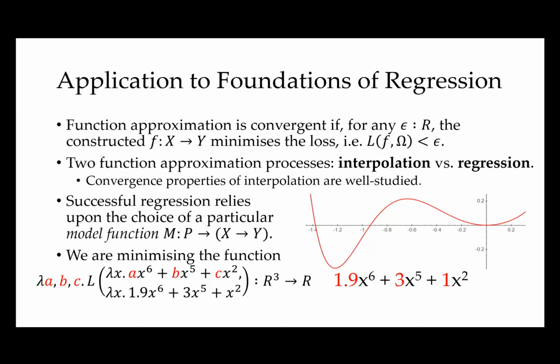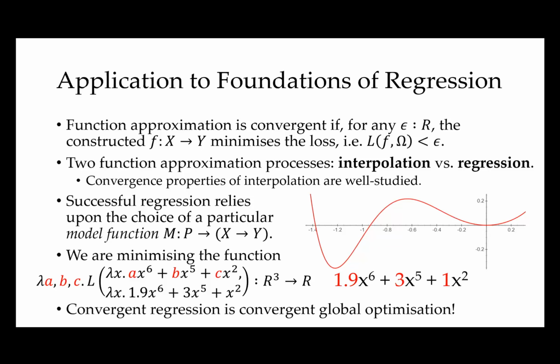And so what our program's saying is that we can get this convergence criteria out of regression from the convergence criteria of global optimization, and a few different things, like you have to choose the model function correctly. And so convergent regression is just convergent global optimization. And that's the area that I'm currently studying.